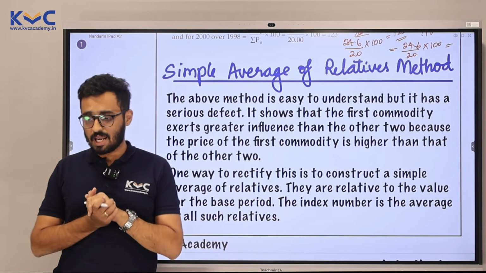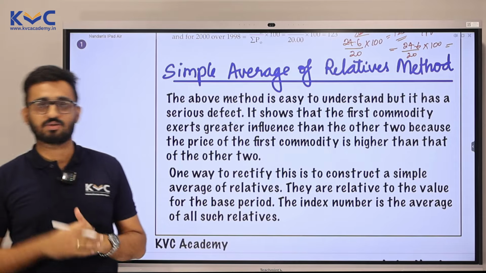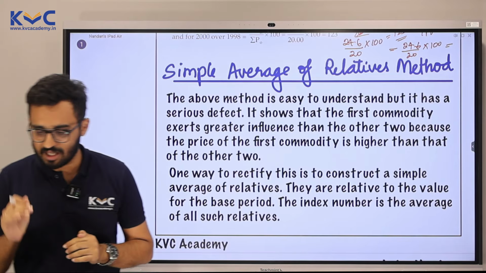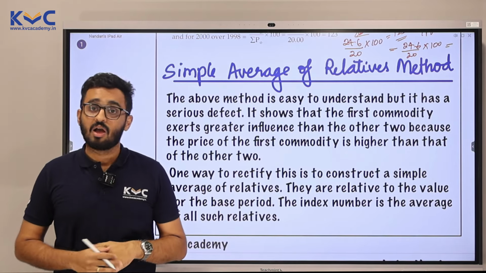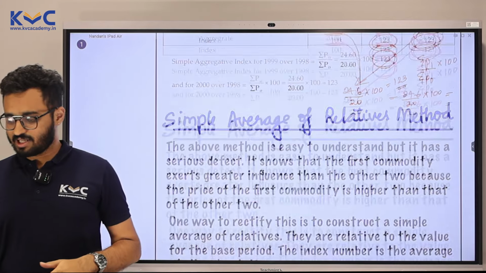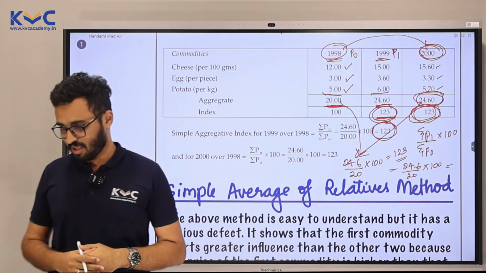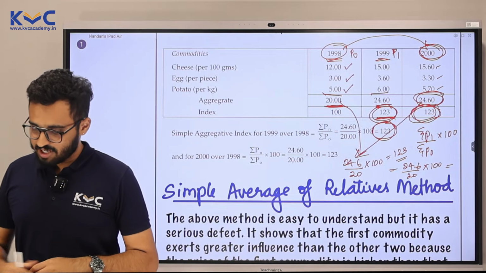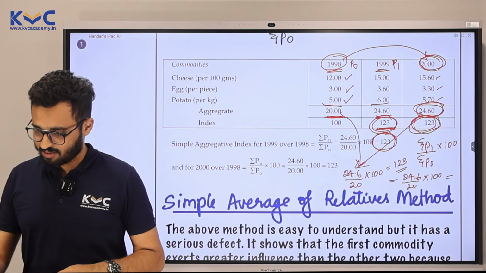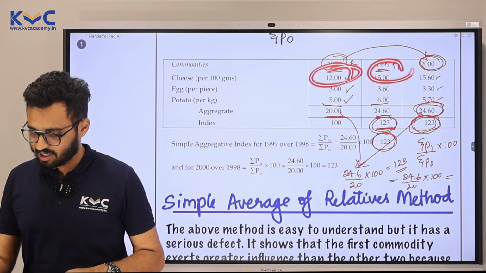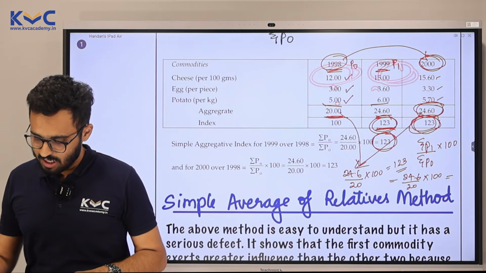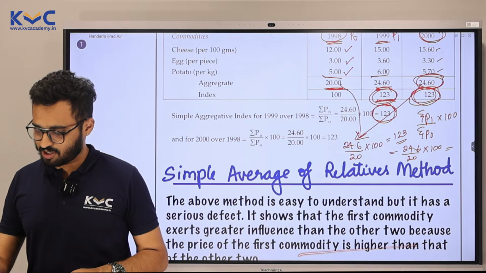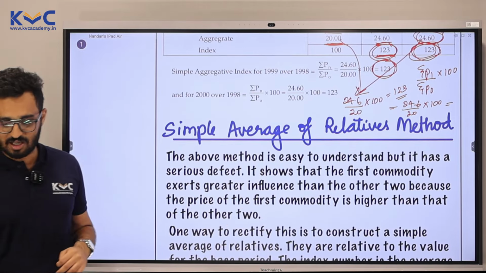Next, we have the simple average of relatives method. The above method is easy to understand, of course, but it has a serious defect. It shows that the first commodity exerts greater influence than the other two because the price of the first commodity is higher than the other two.